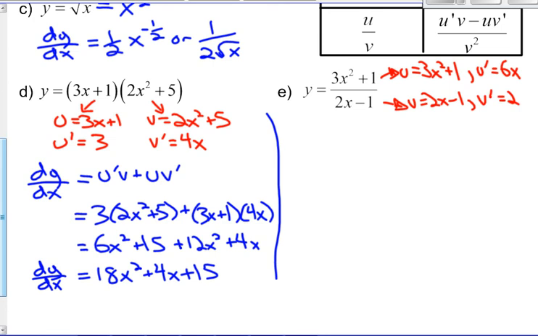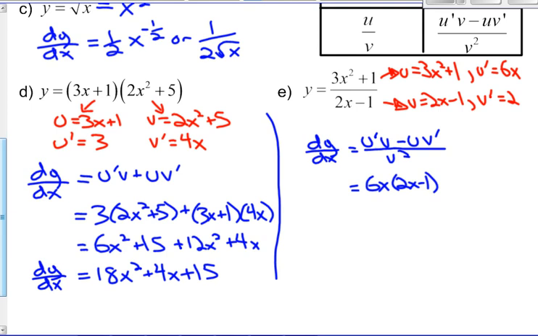And now we're going to work it through with the quotient rule. u prime v minus u v prime, all over v squared. Okay, so that makes for 6x by 2x minus 1, minus 3x squared plus 1 by 2, all over 2x minus 1 all squared.